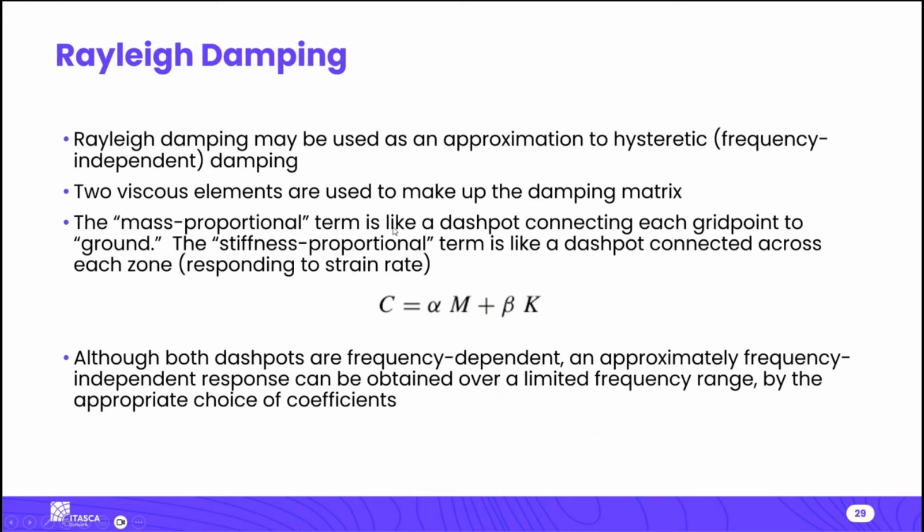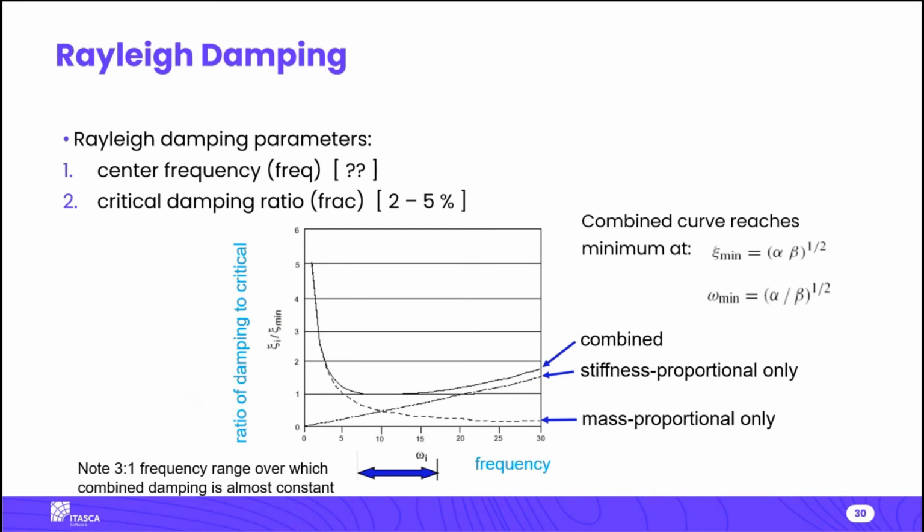And what this is, without getting into too much detail, is two different components. There's a mass component, which acts like a dashpot, and there's a stiffness component, which acts slightly differently. And it's easier to show on this graph. So here we're showing a graph of frequency of some wave. And here we're showing on the y-axis the ratio of damping to critical.